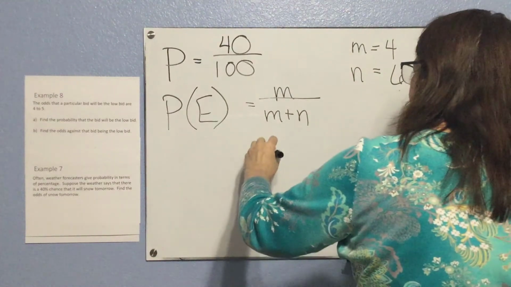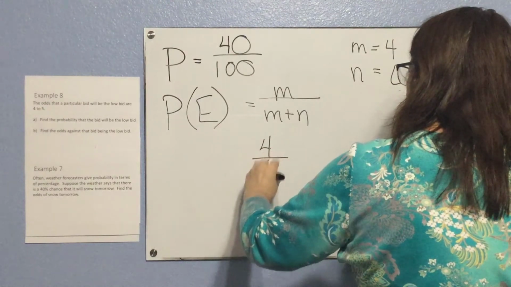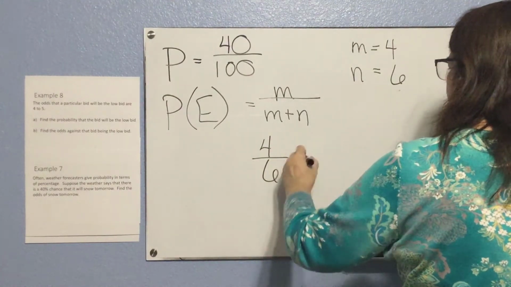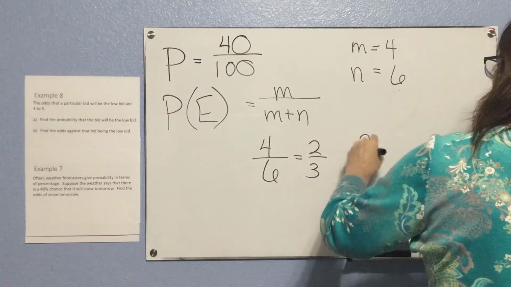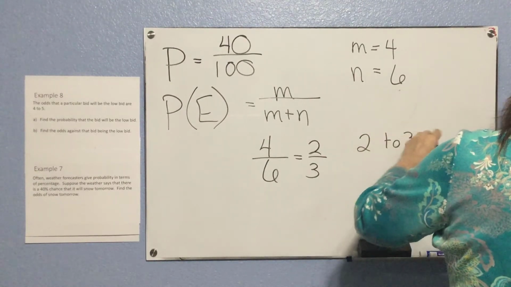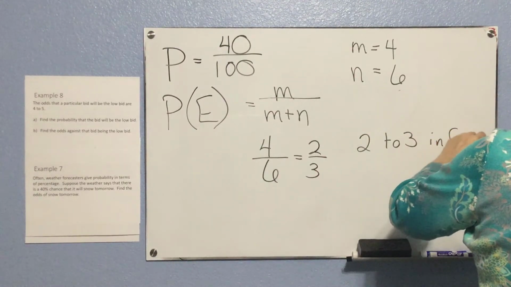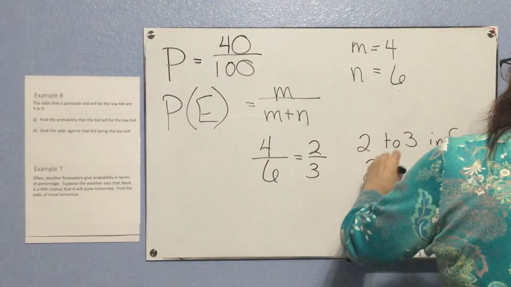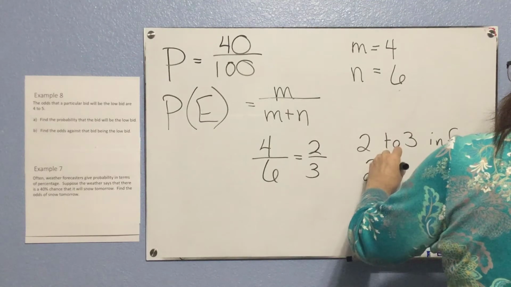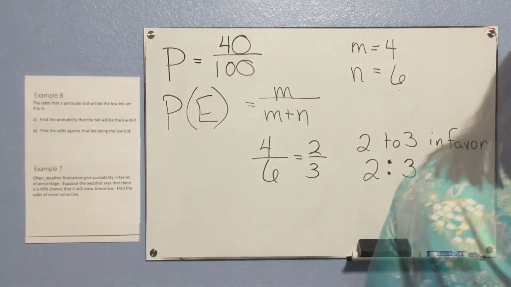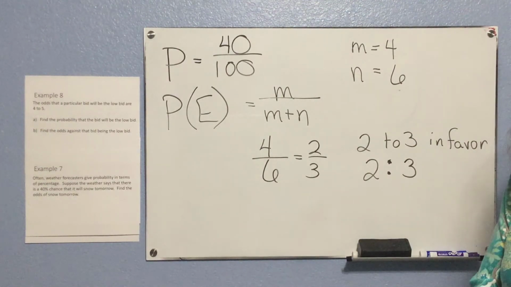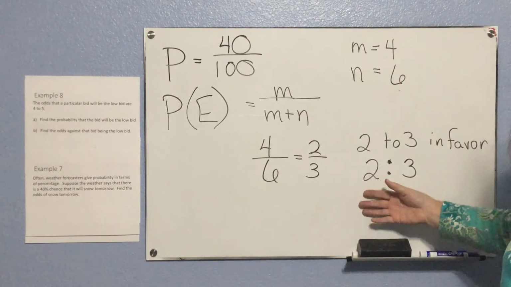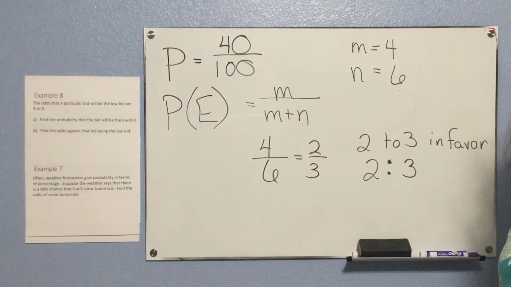So we say the odds in favor are 4 to 6, or let's reduce that to 2/3 and say 2 to 3 in favor, or we could write it 2:3, like that. It's important that we reduce the fraction to lowest terms so that we understand whether my answer is equivalent to somebody else's. If they're both reduced to lowest terms, it's much easier to compare.